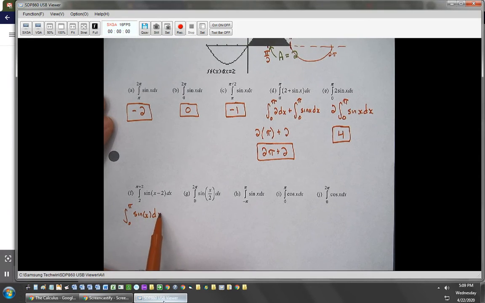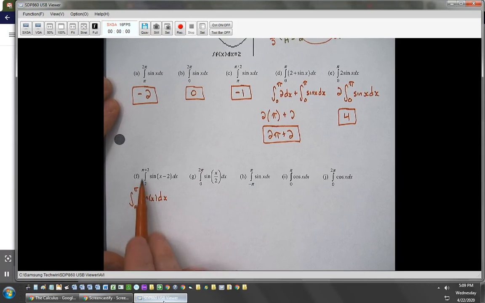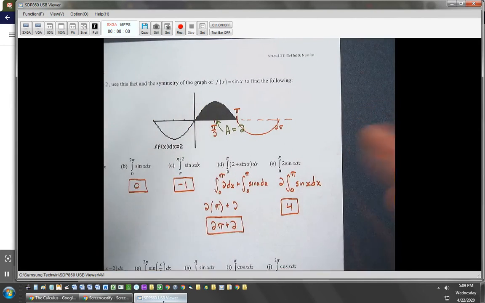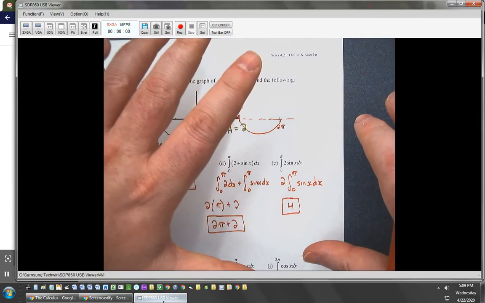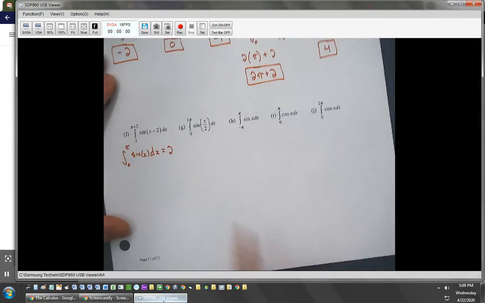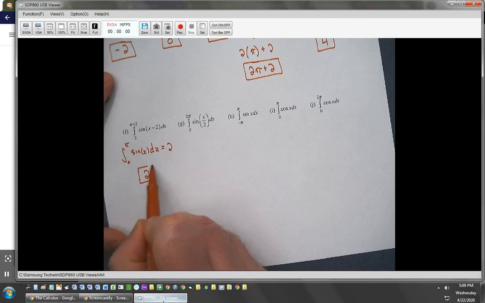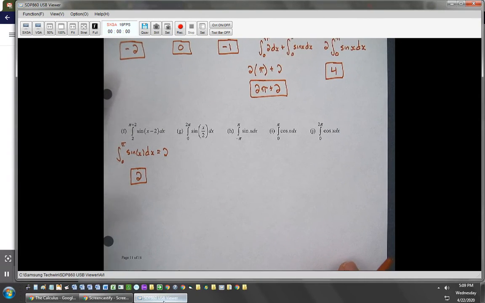Well, what did they do? They just added 2 to everything. So this area was 2. If I take that graph and shift it horizontally forward 2, it's still going to be the same area. It's just going to be moved down the line a little bit.